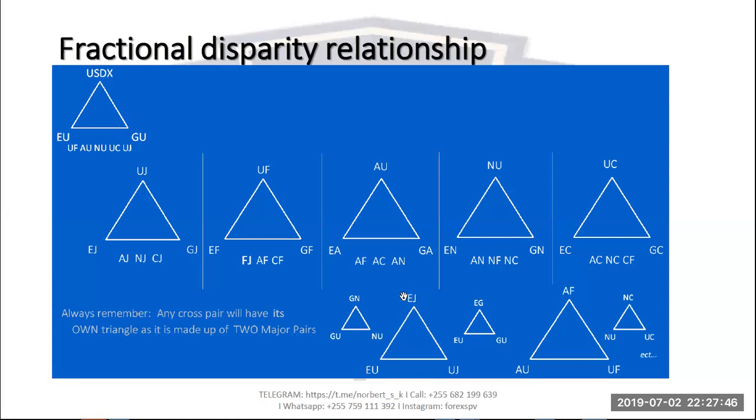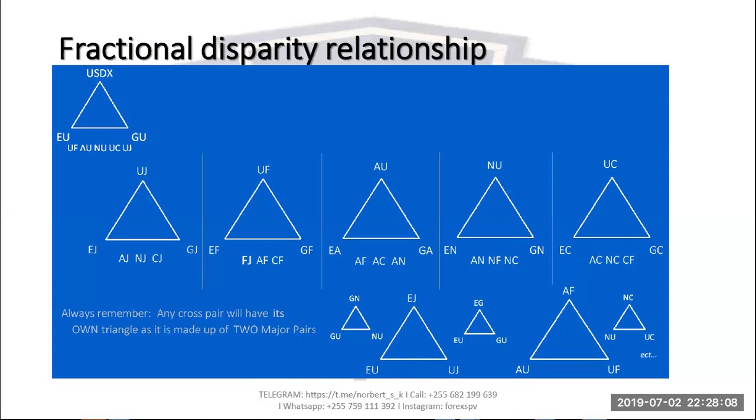Euro Yen is made up of two major pairs, Euro USD and USD JPY. Euro Pound is made up of Euro USD and Pound USD. So each cross pair has its own triangle made up of two major pairs.